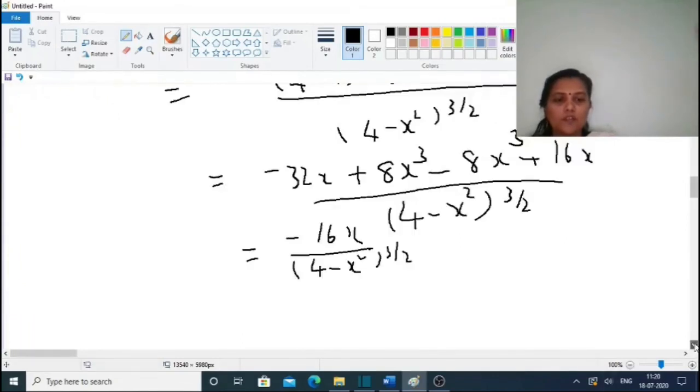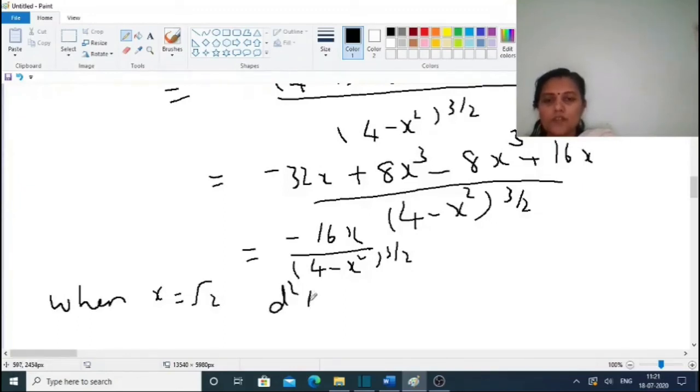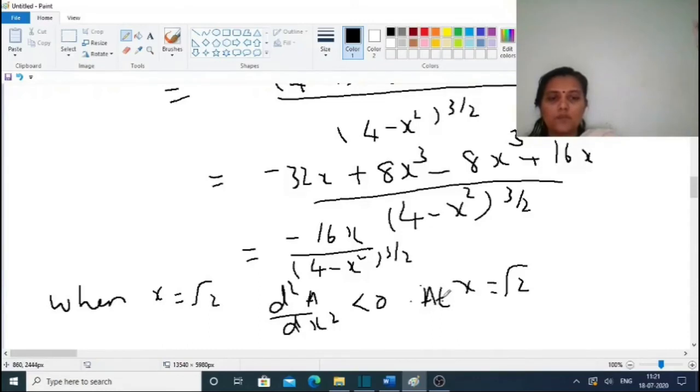When x equal to root 2, d square A by dx square is less than 0. Therefore at x equal to root 2, A is maximum.